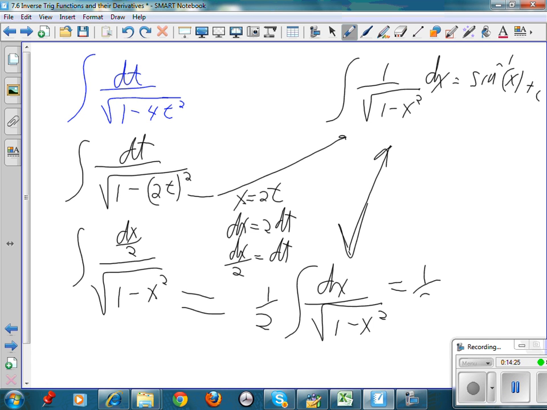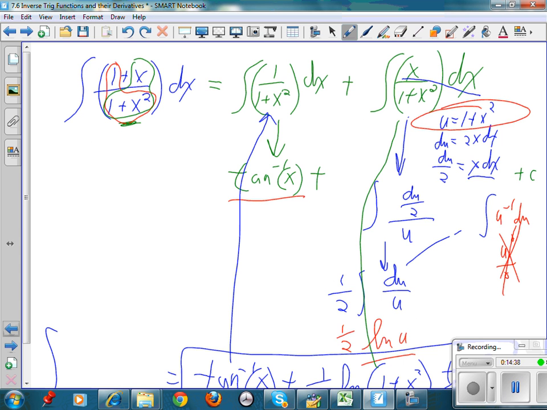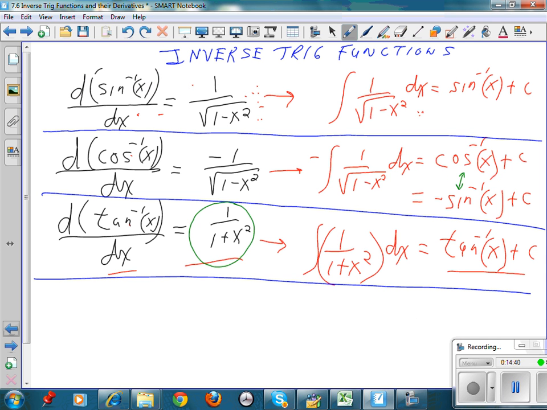So that's just going to be 1/2 the inverse sine of x plus c. So a lot of these problems come down to the form of these, right? I knew I had something that looked like this, and I did some substitution to make my integral into one that I know.